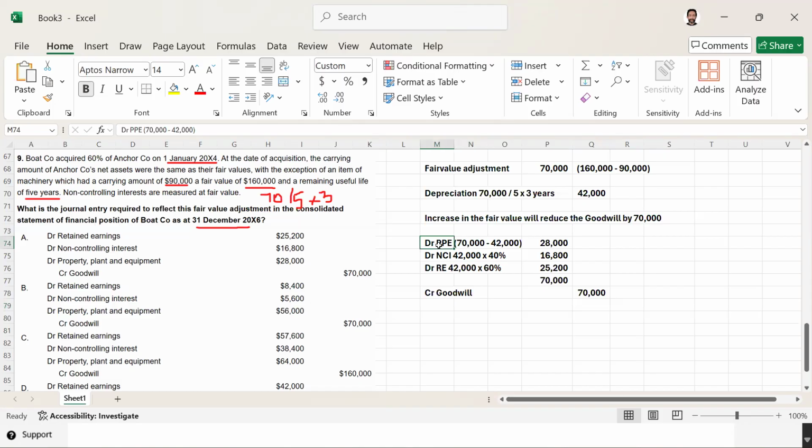And this decrease in the value of the asset would be charged to the retained earnings and to the NCI according to the ratio. So this is actually 42 into 40% and 42 into 60%. So this is the debit portion, and we're going to credit the goodwill. So this is how we deal with a double entry. And the correct option is A here. I hope this is clear.